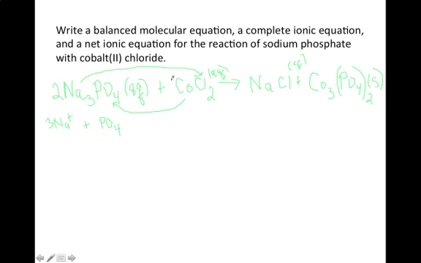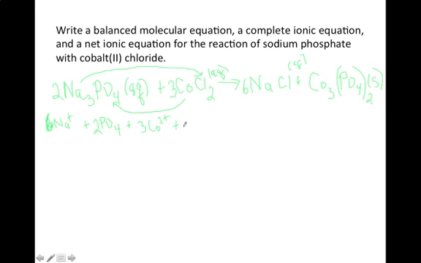We need to put a 3 right here, which gives us 6 chlorines and 6 sodiums. So this needs to be a 6. So that means then that we have not 3 sodiums, but we have 6 sodiums over here. We have 2 phosphates. We have 3 cobalt 2s.